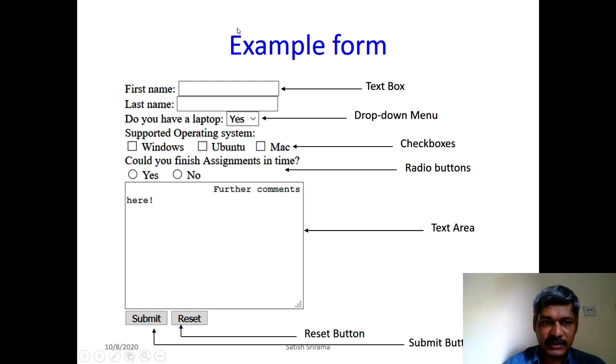The idea is you provide first name, last name, and whether you have a laptop, which has a drop-down menu. Then supported operating systems, Windows, Ubuntu, etc. And could you finish the assignment in time? You set yes or no, and if there are any further comments, you put them here, and then there is a submit button and reset button. This is all plain HTML forms, which we have already checked through.